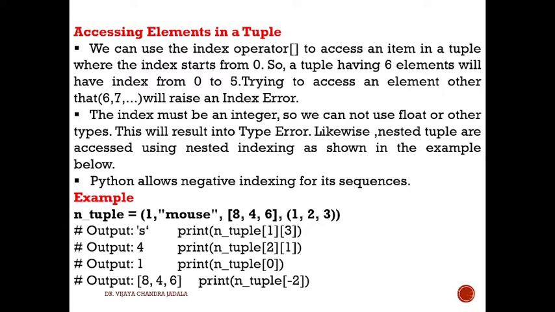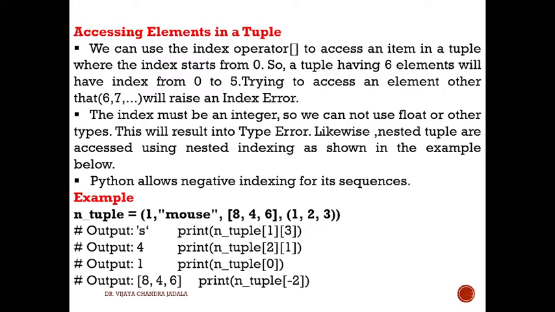The index must be an integer, so we cannot use float or other types. This will result in a type error. Likewise, nested tuples are accessed using nested indexing, as shown in the example below.